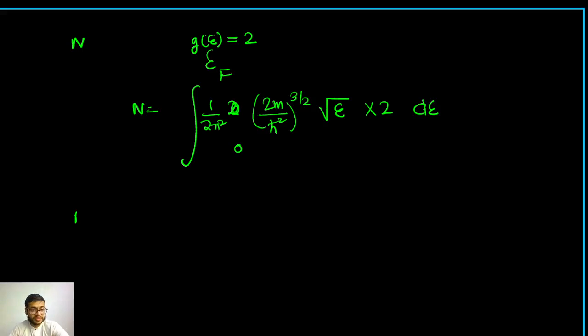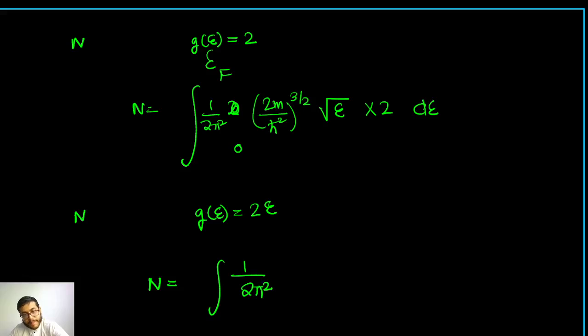What about the average energy? If you say g(E) is 2E, because you are assigning that every electron has the energy E, then this will be the integral 2E dE.